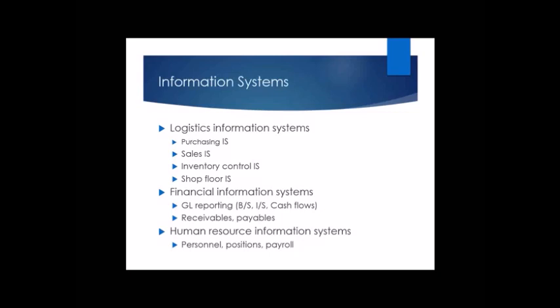Included in logistic information systems are purchasing IS, sales IS, inventory control IS, and so on. The financial information system is used to support reporting relating to the general ledger, accounts receivable, and accounts payable. And the HR information systems are used to retrieve information about various HR components like personnel, positions, and jobs.